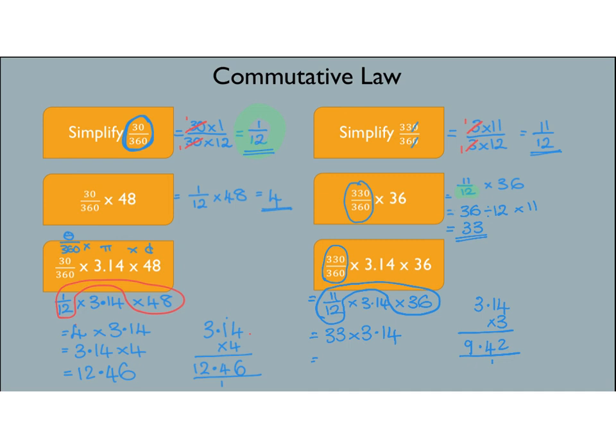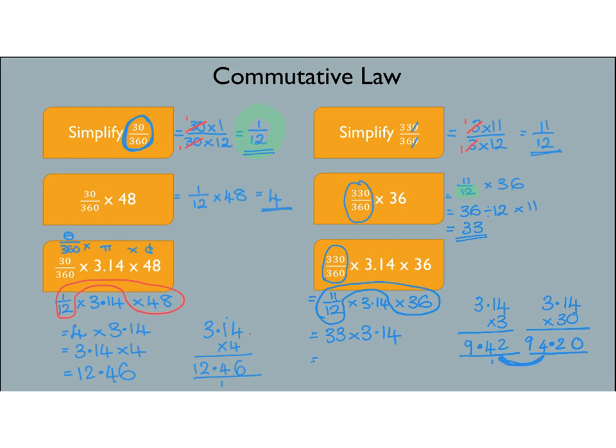Now, if I know that's the answer to 3.14 times 3, that means that I know the answer for times by 30. It's going to look like that for the answer for multiplying by 30. So all I need to do now is add these two answers together.